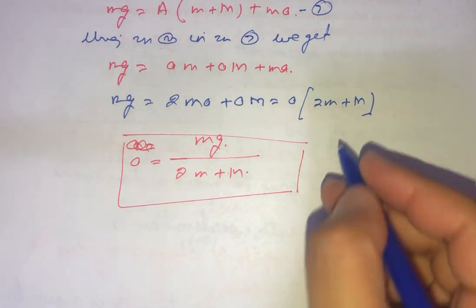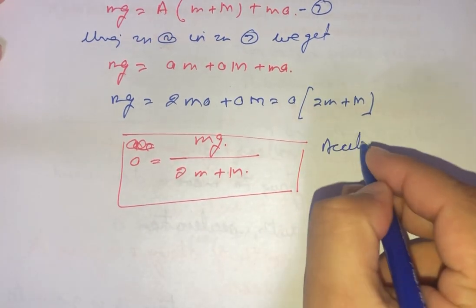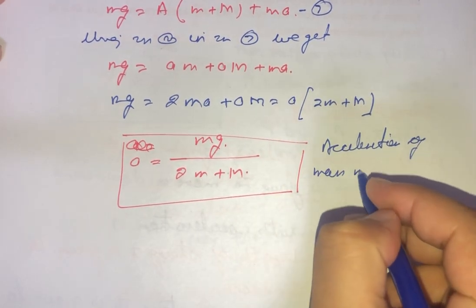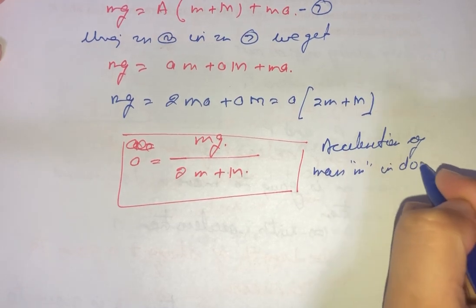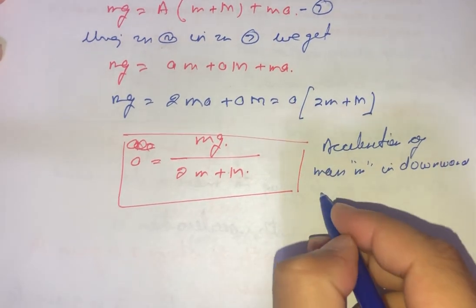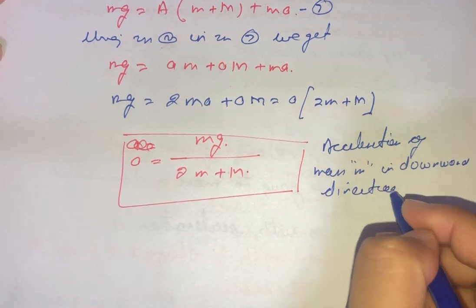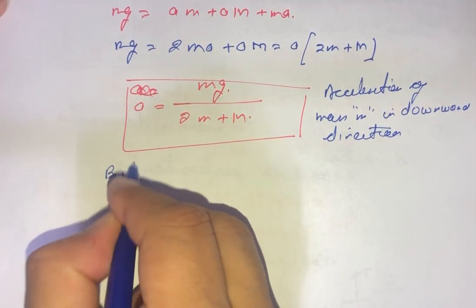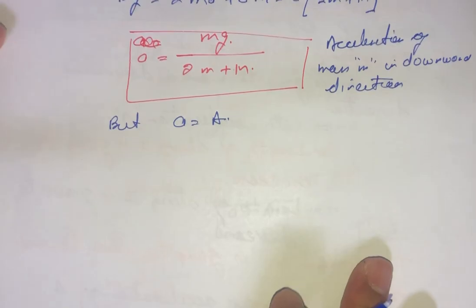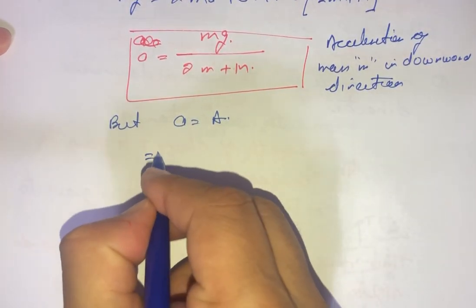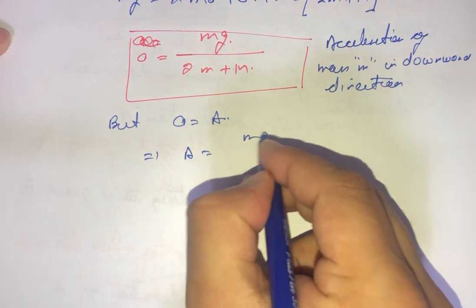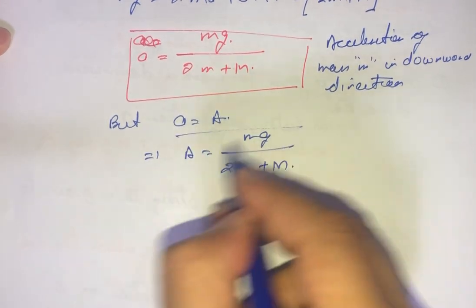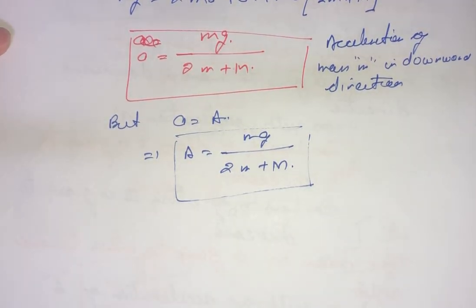Okay. So you can say that acceleration of mass m in downward direction, but we also know that a is equal to capital A. So we also say that this implies that capital A will also be equal to mg divided by 2m plus capital M. So this is the acceleration in the horizontal direction.